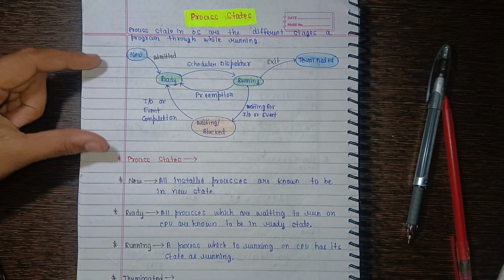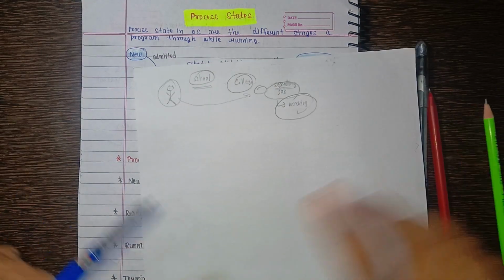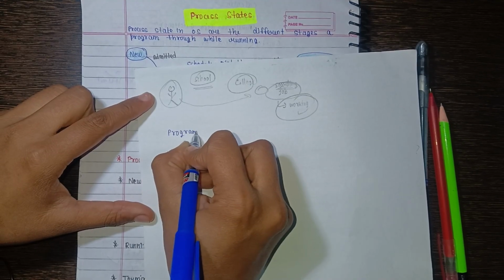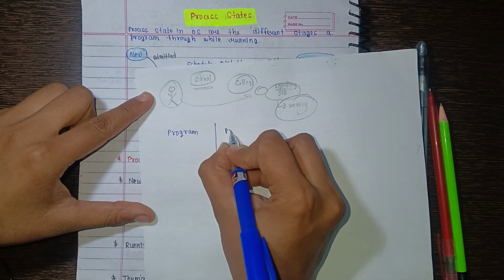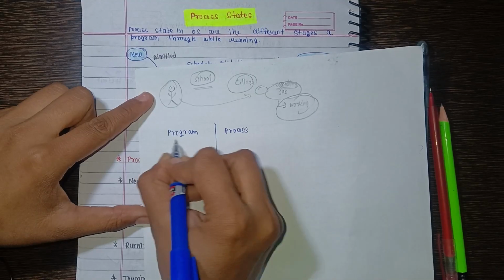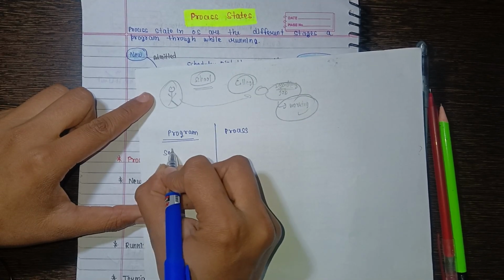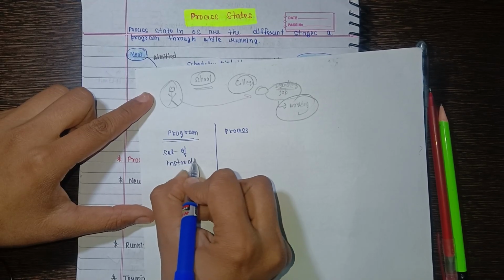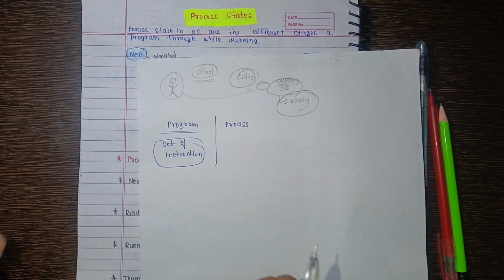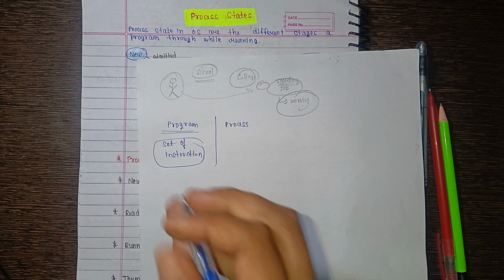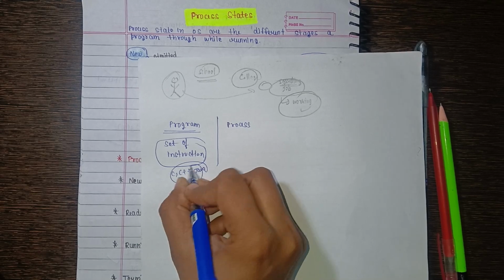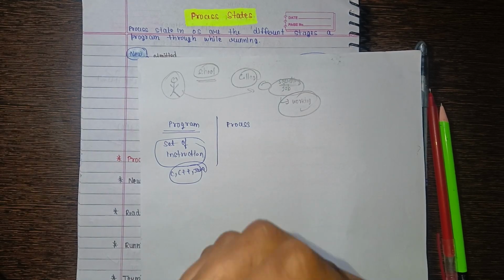Okay, so first I want to explain what is the difference between a program and a process. A program basically is a set of instructions. Like when you write a program in a specific programming language like C, C++, Java, and you give the instructions, this is a program.